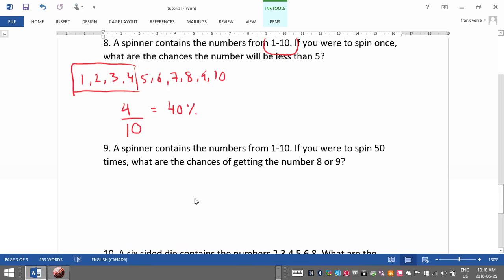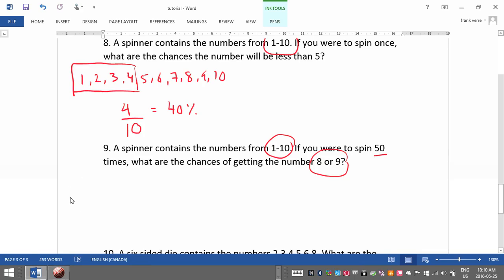Okay. Now, if we were to continue this question, let's look at number 9. So we have the same spinner. What if we spun it 50 times? What are the chances of getting the number 8 or 9? So we're going to look for the numbers 8 or 9, and we're going to spin it 50 times.